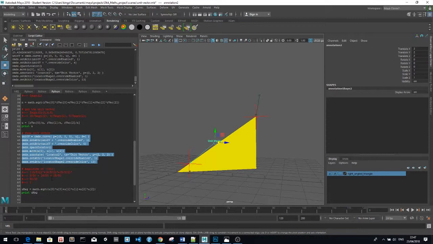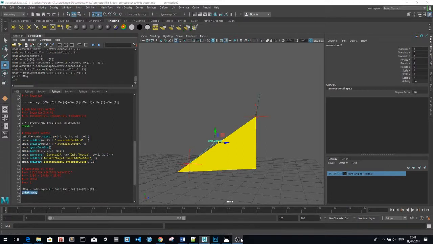To verify that it's a unit vector, we can find the magnitude of it by using the Pythagorean theorem again. So if we just run the same code we used and print this, we should get 1.